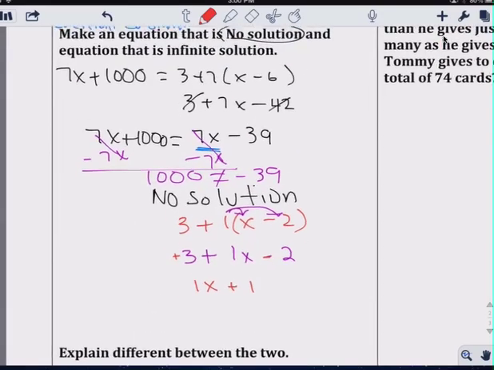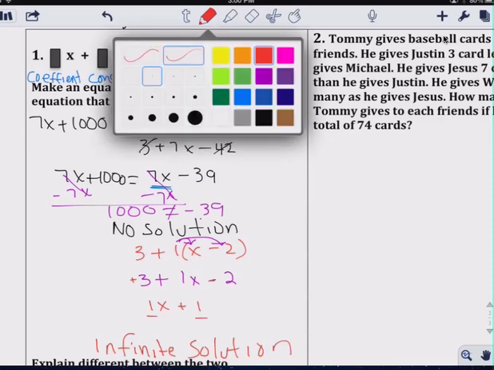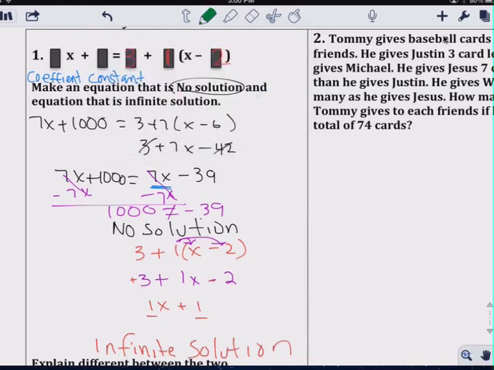Okay, so the other side now we know to be infinite solution. What do we know about the coefficient and the constant? That they have to equal the same. They have to be exactly alike. Very good. So if this is a 1 and this is a 1, we need to make sure that up here on our boxes, that's a 1 and that's a 1 also.